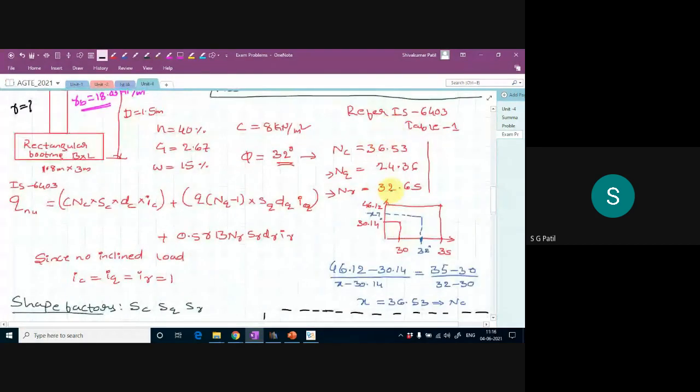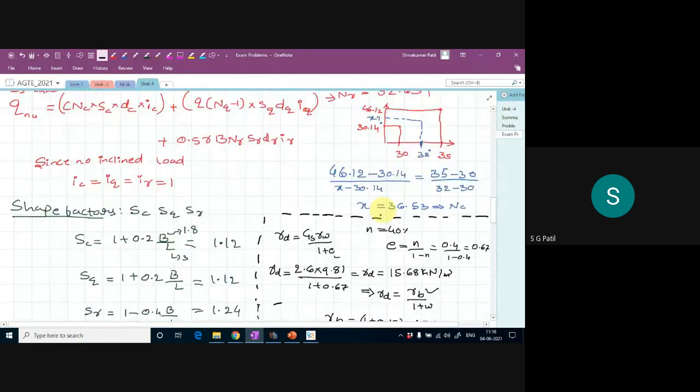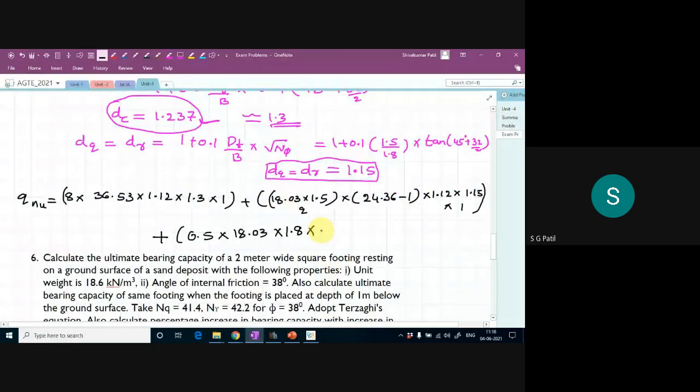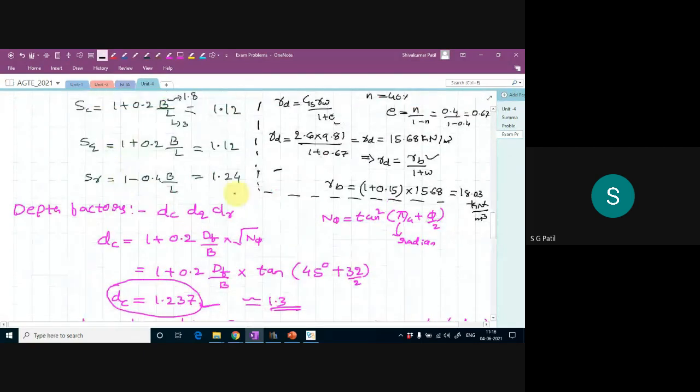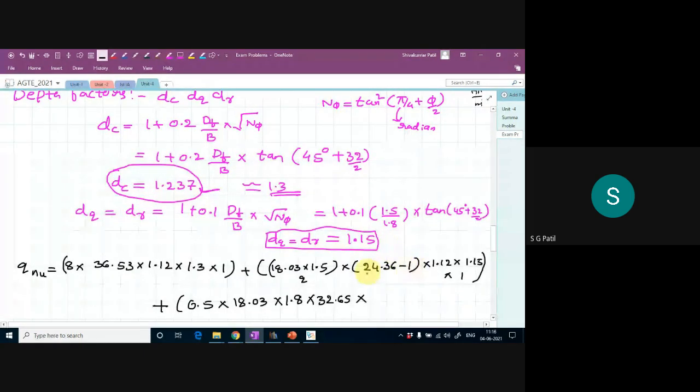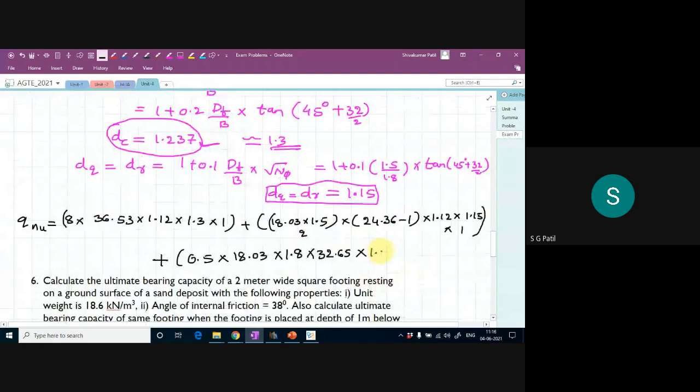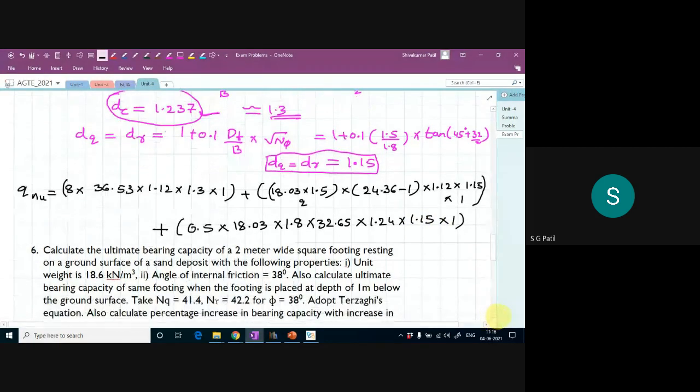N gamma is 32.65. Okay, so into S gamma, D gamma, I gamma. S gamma is 1.24, D gamma is 1.15, into I gamma is 1. Calculate how much you are getting net ultimate.